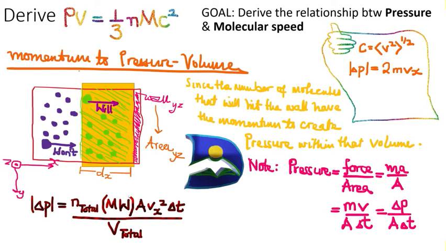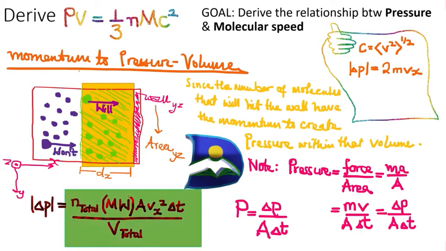So since we have our change in momentum divided by the area times the change in time, this is equal to pressure. And once we have the pressure relationship with momentum, this is awesome because we now have half of the molecules' momentum directly related to pressure.